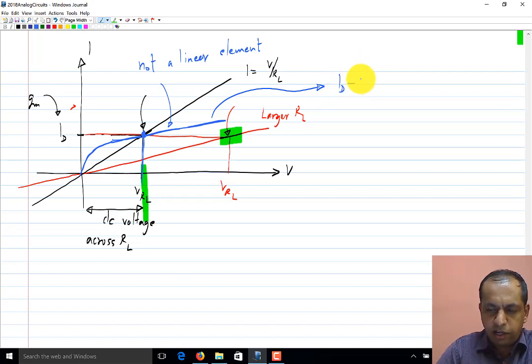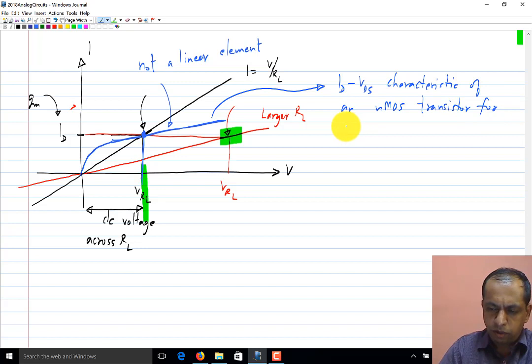This is the ID VDS characteristic of an NMOS transistor for a given VGS.